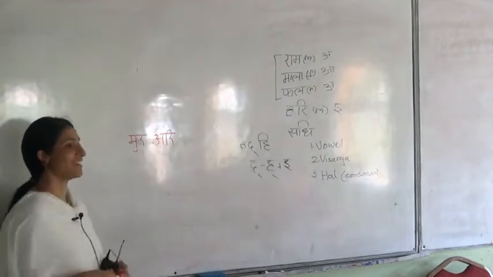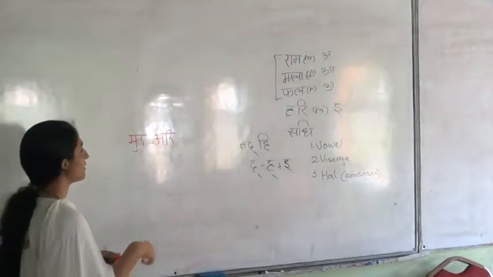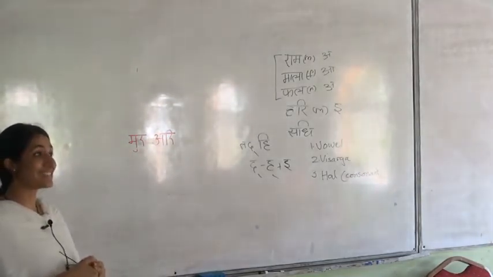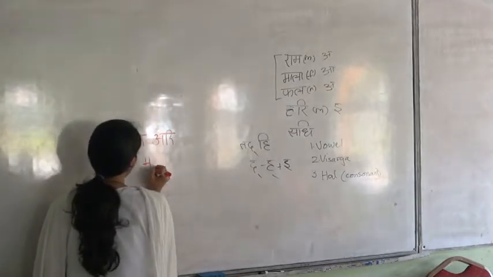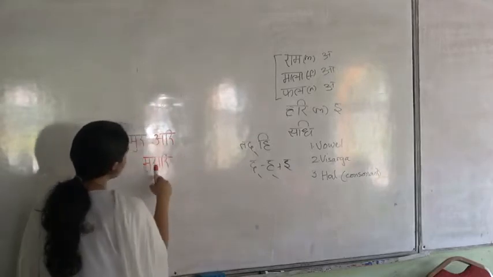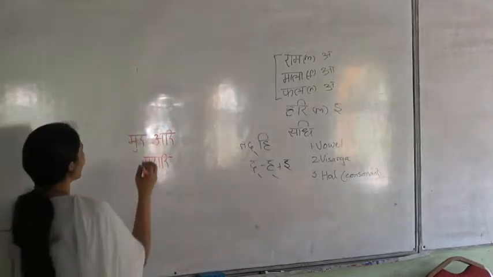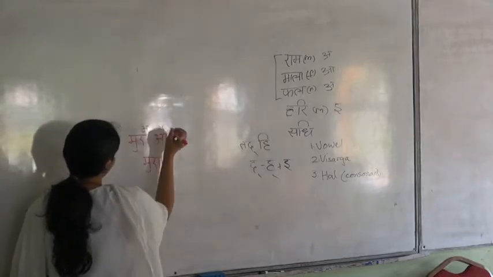And Ari? Ari means enemy, right? So now if we join this, what will we get? Murari. Doesn't that sound familiar? That's a sandhi, right? Murari. How did this become Murari? Yeah, because it has an a meeting an a, right?